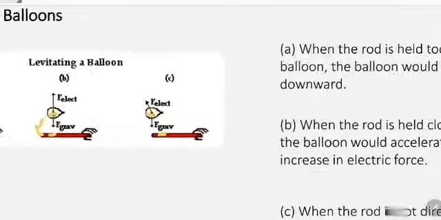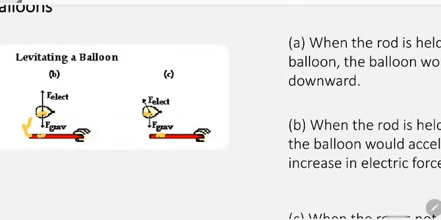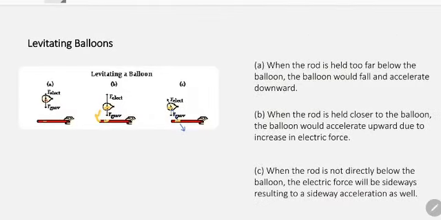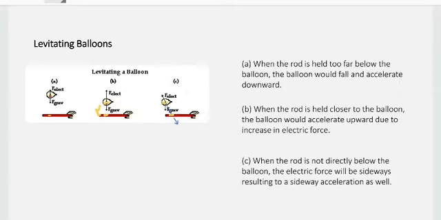I told you to draw a line between the point charges. Yun yung magiging direction ng electric force. Most of the time, actually, if you do this home experiment, this is what will happen. Siyempre, the balloon will not move only up and down, diba? So, yeah, it will result in a sideways acceleration as well.